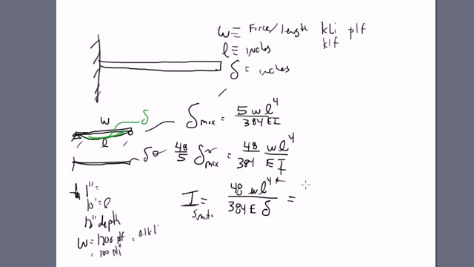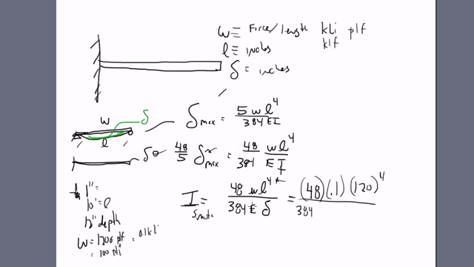And so we have this formula solve out to be 48 times a W of 0.1 times a span. If we make our span 10 feet, that's 120 to the 4th power over 384.